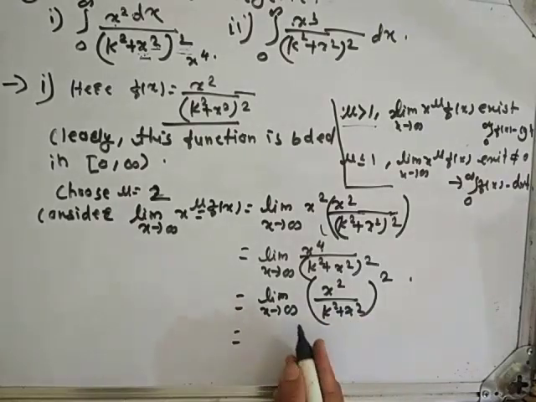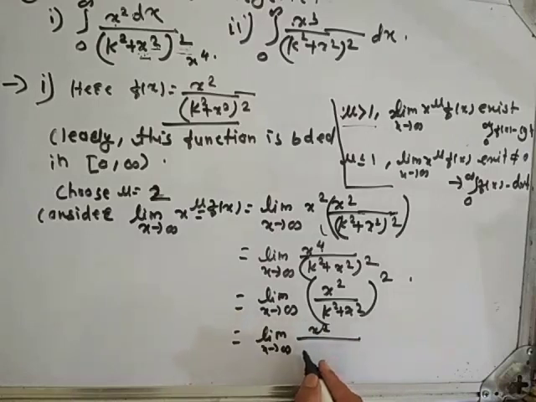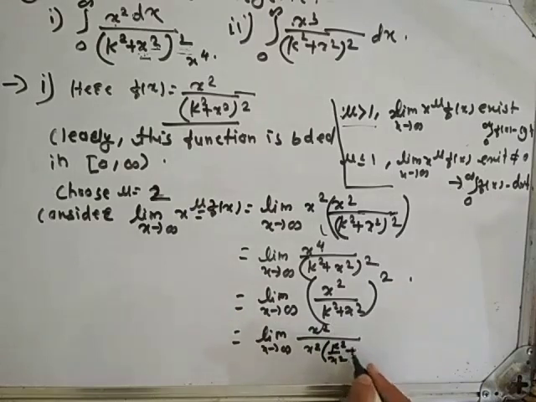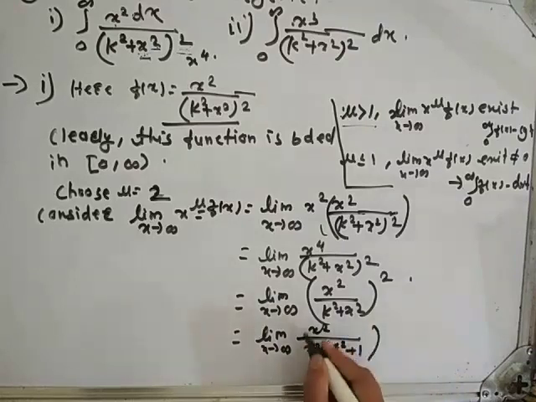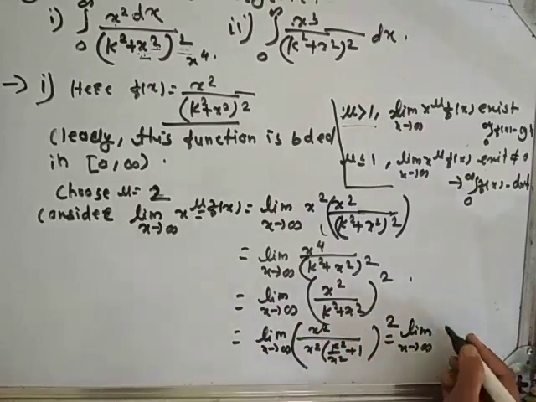Okay. So limit x tends to infinity, x square upon, if we take x square common, in the denominator we will get k square upon x square plus 1, whole square, which is equal to limit x tends to infinity, x square gets cancelled.